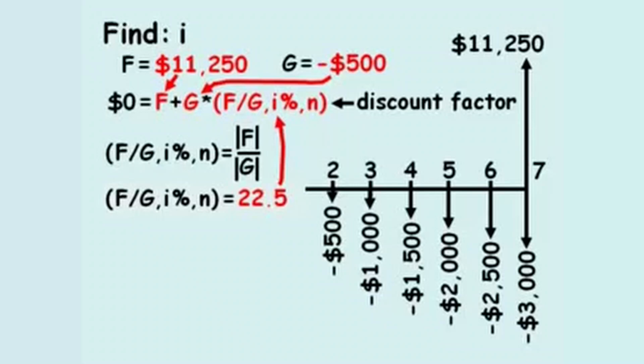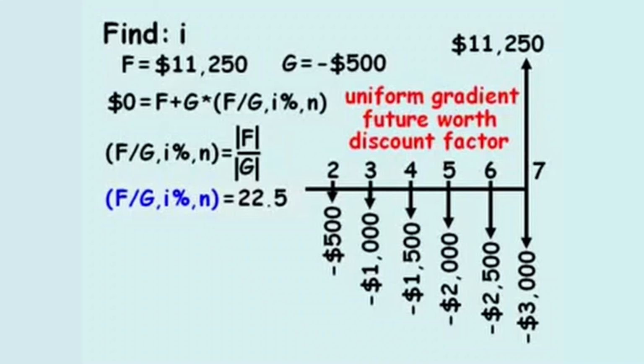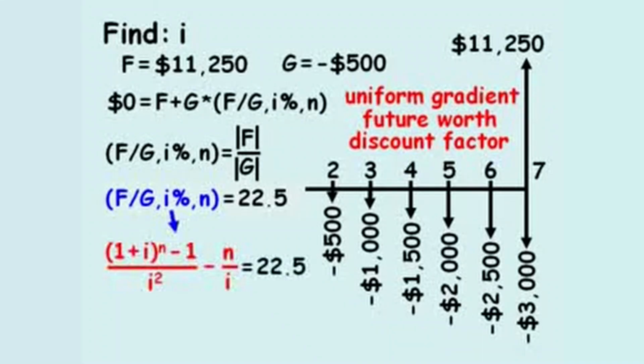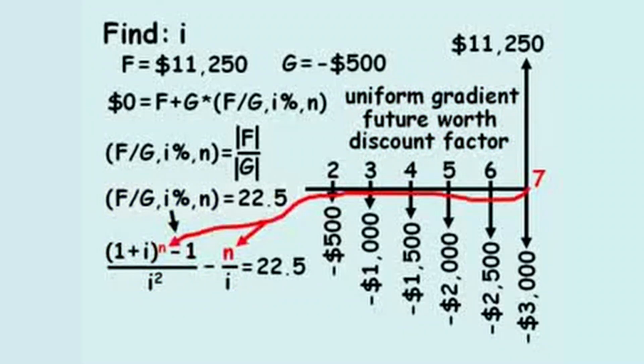This particular discount factor is sometimes called the uniform gradient future worth discount factor, which equals the quantity 1 plus I raised to the n minus 1 divided by I squared, all minus n divided by I. In this equation, we know n equals 7 because there are 7 years, or 7 compounding periods.